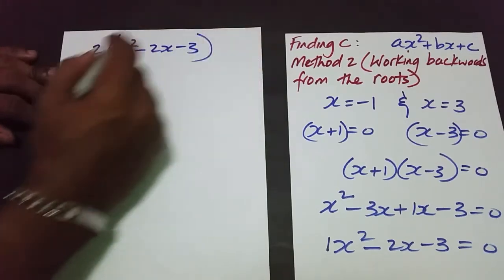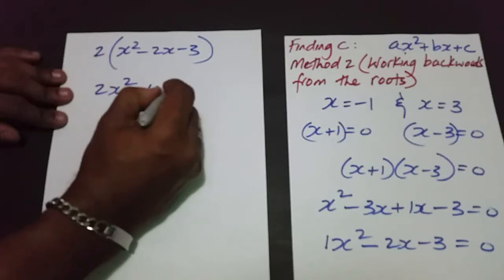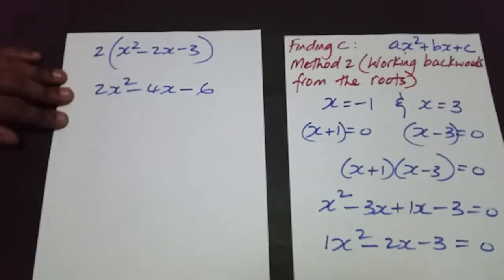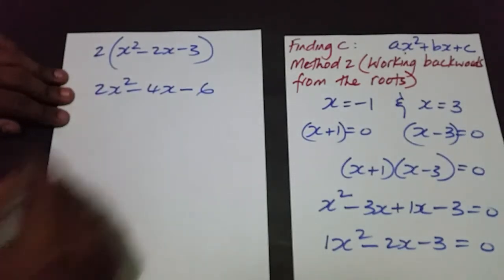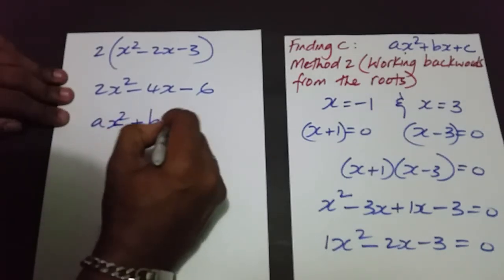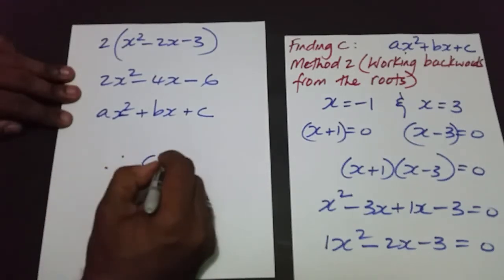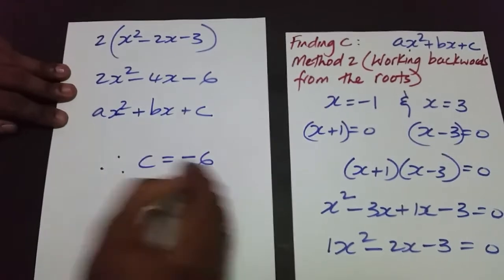All right. So what we're going to have here is 2x squared minus 4x minus 6, and that would be our quadratic. And if you look carefully here, you're going to have that, and therefore the value of c is minus 6.